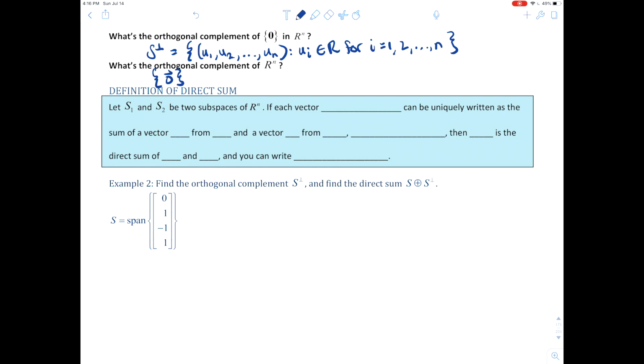If each vector x that belongs to Rn can be uniquely written as the sum of a vector S1 from space 1 and a vector S2 from space 2, where x is equal to S1 plus S2, then Rn is the direct sum of space S1 and space S2, and you can write Rn equals this direct sum, so it's a plus with a circle around it, means direct sum. Groovy?